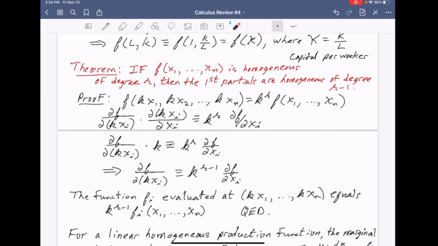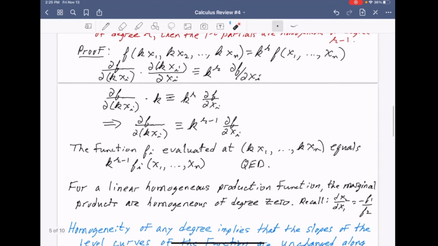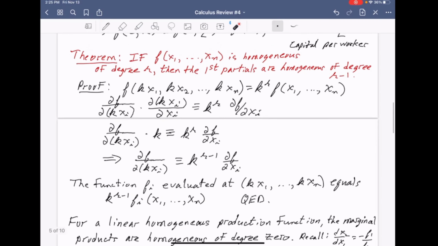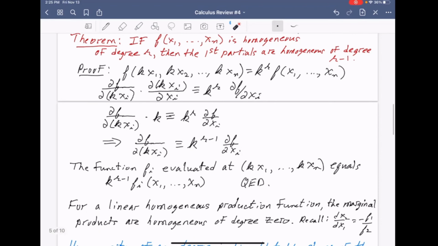So the function fi evaluated at kx1 through kxn equals k to the r minus 1 times the derivative of the original function with respect to one of the inputs. So that's the proof that if we have an original function that's homogeneous of degree r, then its first partials are homogeneous of degree r minus 1.